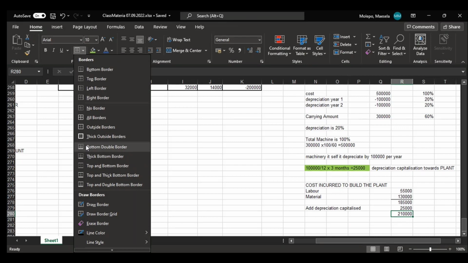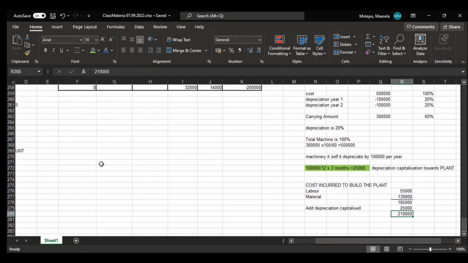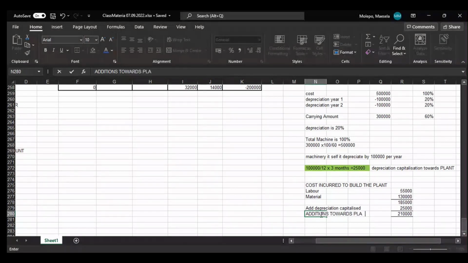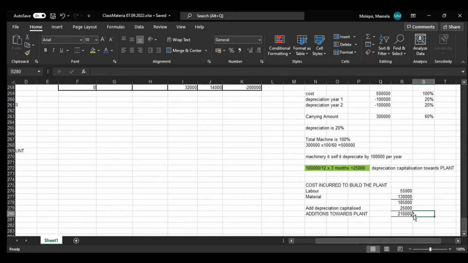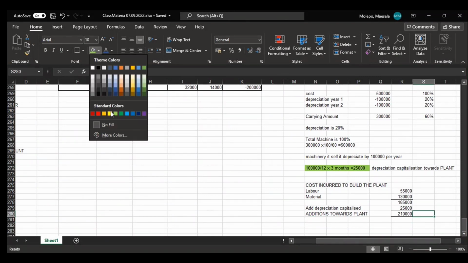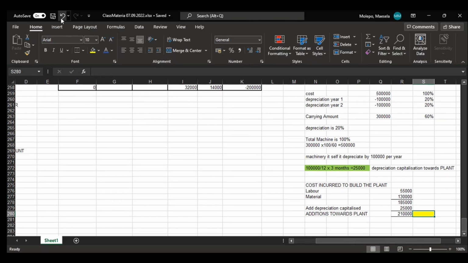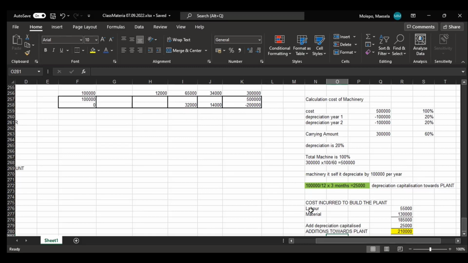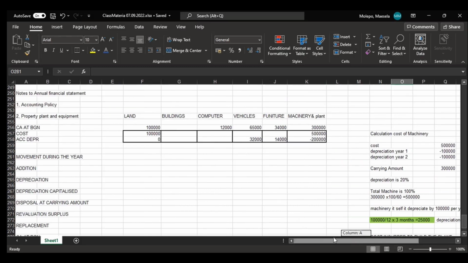We all happy up to 210? Yes. So the 210 we can say is the addition towards plant. Happy? So this 210, we can put it as addition towards the plant.